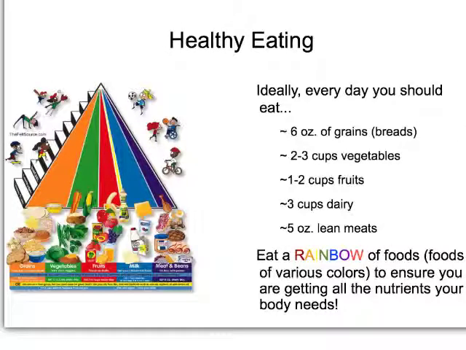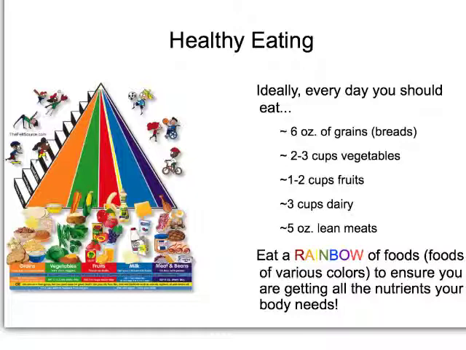So what should you be eating then? Every day, ideally, you should be eating about 6 ounces of grain, 2 to 3 cups of vegetables, 1 to 2 cups of fruit, 3 cups of dairy, and about 5 ounces of lean meats.